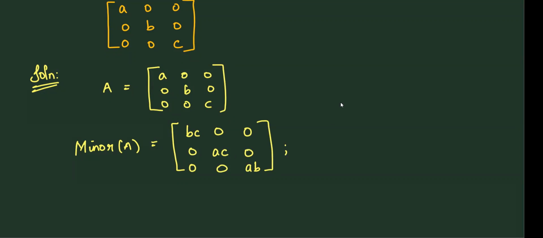This is the minor. For the cofactor, you have to multiply with plus, minus, plus, minus, plus, minus, plus, minus, plus. So these diagonal terms have plus in them, so no problem.